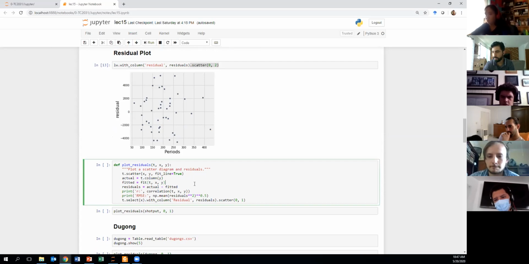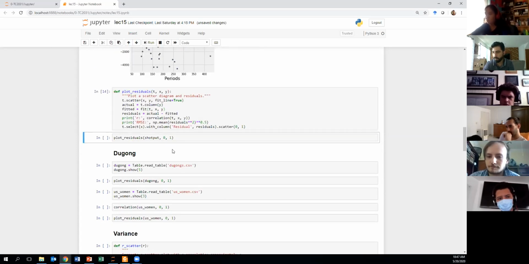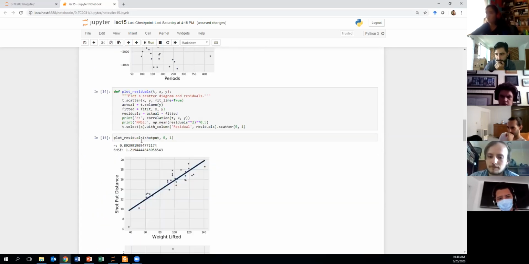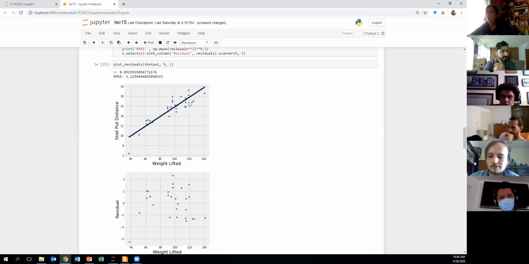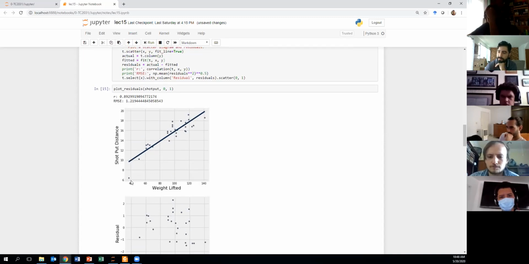So let me put that in a function. I want to call the same function for the shotbot data. You remember in the shotbot data, first last week we did linear regression, right? Then we saw that maybe these outliers show that a nonlinear equation would fit this table much better, the association between these two values.